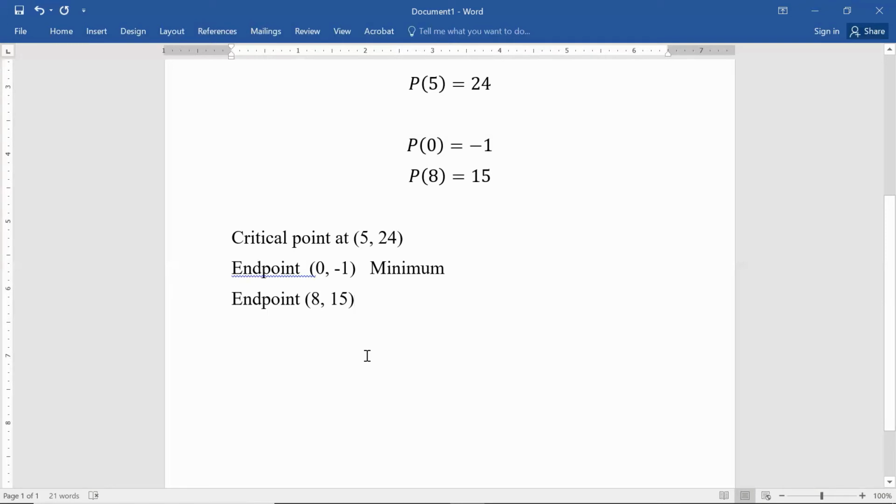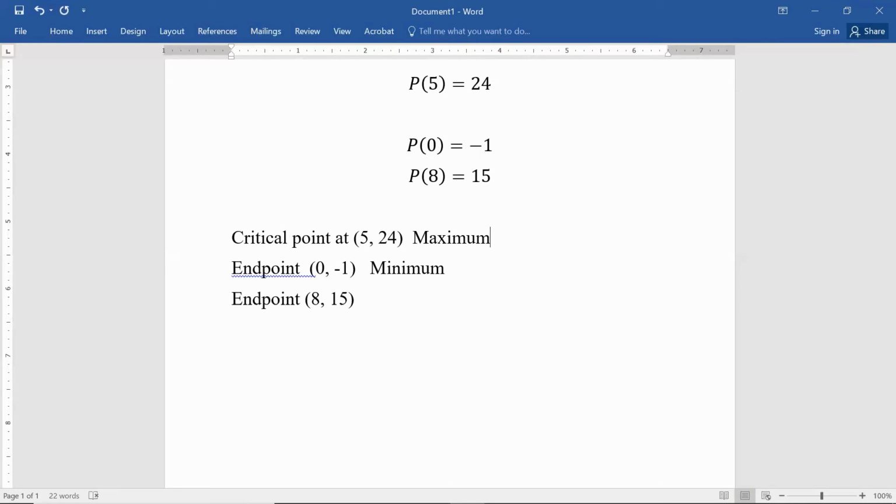Similarly, the one with the largest output has to be the maximum. So (5, 24) must be the maximum, because I know maximum values have to happen at either the critical points or the endpoints. Since I've listed out all my critical points and endpoints, I just have to pick out which is the maximum output value.